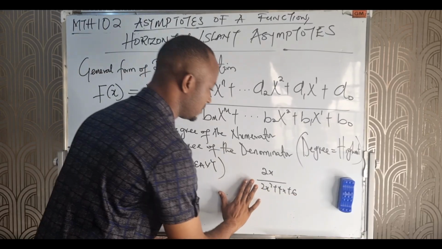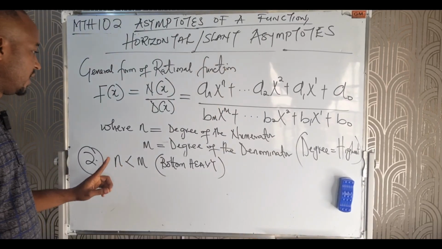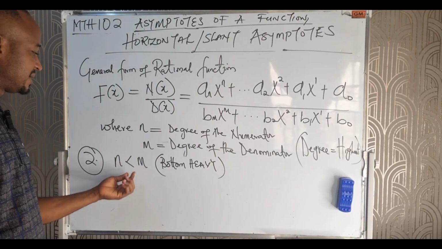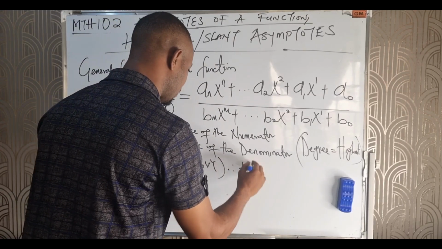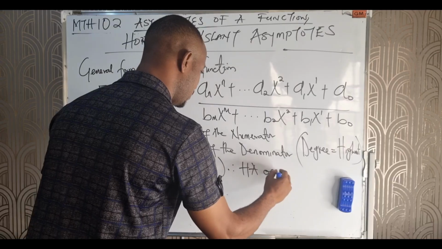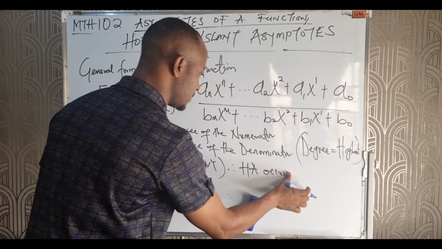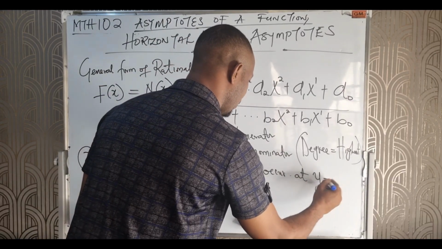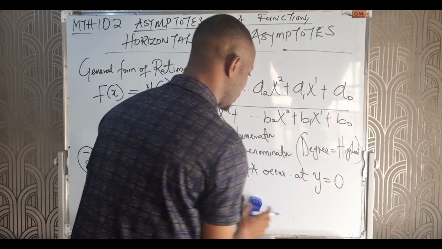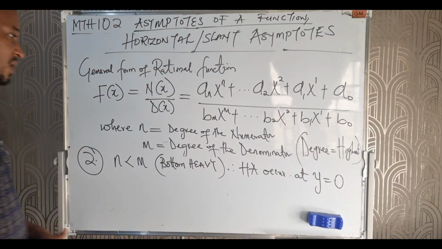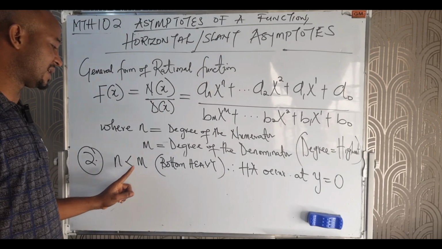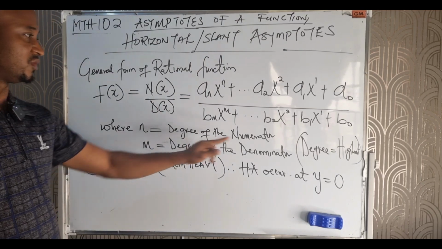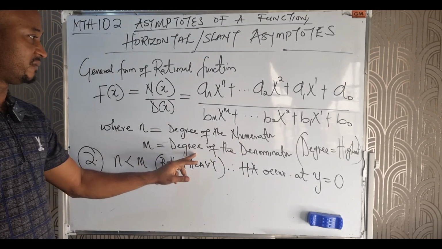Now, what we are saying here is that if the degree of the numerator is less than that of the denominator, therefore horizontal asymptotes occur at y equals 0. Please take note. HA will occur at y equals 0 whenever n is less than m, where n represents the degree of the numerator and m represents the degree of the denominator.